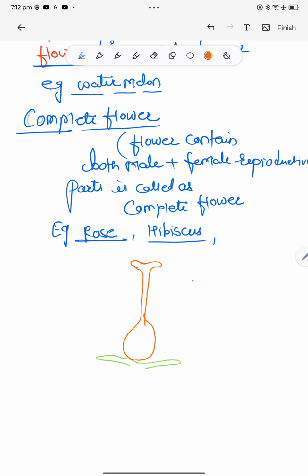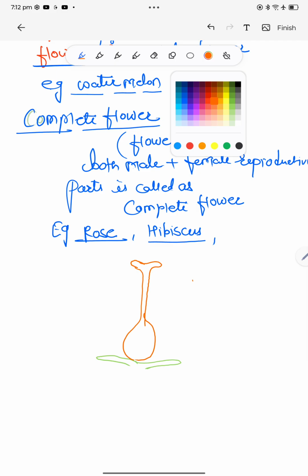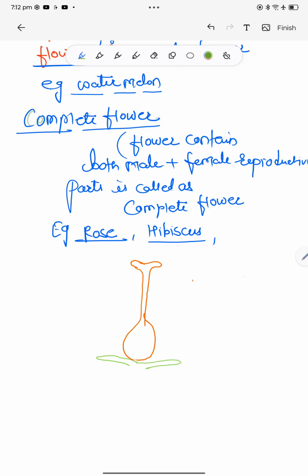The green part of the flower is called the calyx.